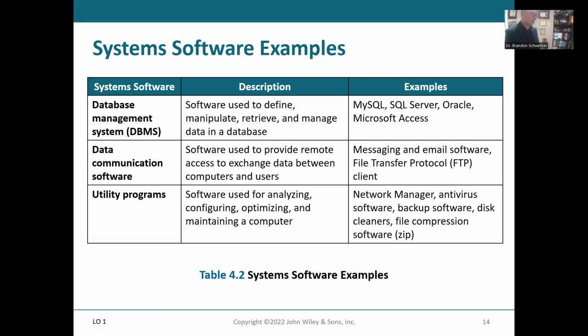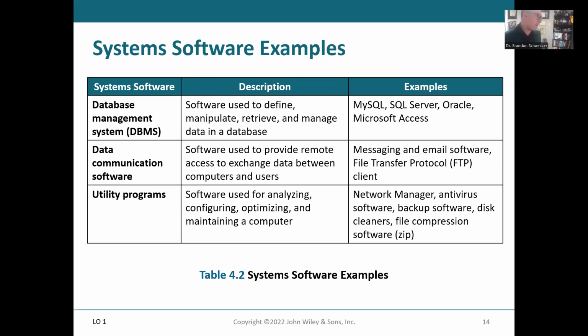Okay, some examples. So for database management, we got things like SQL Server, Oracle, Microsoft Access. Yeah, all great examples. I would also include Power BI and Tableau in there. For communication software, of course, we have email, file transfer protocol clients, etc. That could also include your VPN.